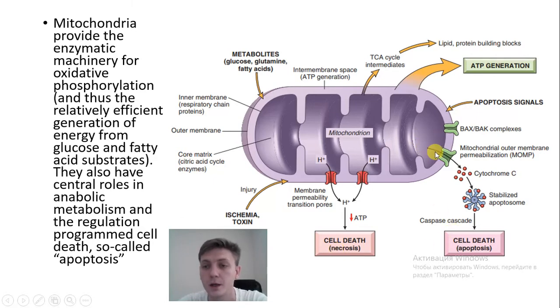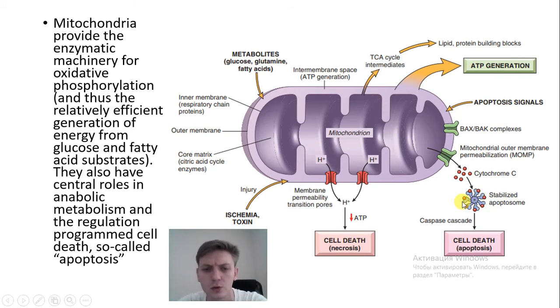Another pathway of cell death, which is maintained by mitochondria, is the delivery of cytochrome C from the matrix of the mitochondria. It releases into the cytoplasm and finds specialized proteins.